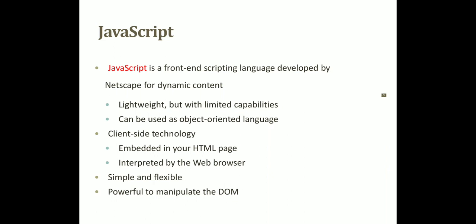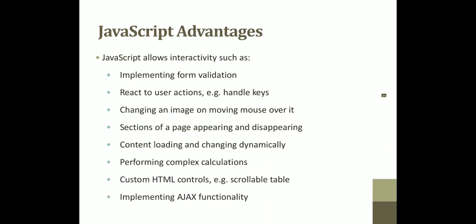The reason JavaScript is used so much is that it is simple, flexible, and powerful for manipulating the document object model. Along with this, it has advantages like being very good at implementing form validations, and at reacting to user actions, for example handling keys.